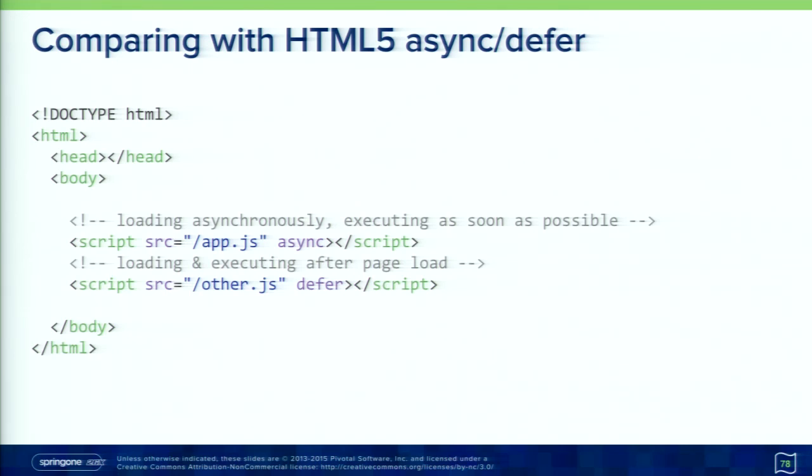Right now, for regular applications, if you're using scripts, you should know that each script is loaded in order and executed in order, so it's blocking the page rendering. If you're using those attributes, it's not the case anymore. So you shouldn't have dependencies between your libraries. You shouldn't have one variable initialized in one script and used in another, otherwise, because the order is not respected anymore with this.